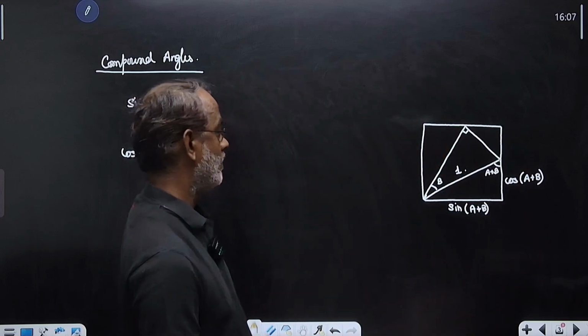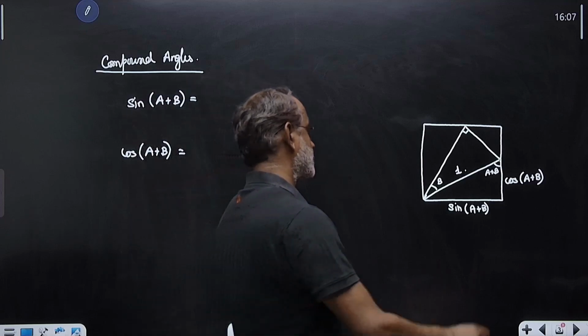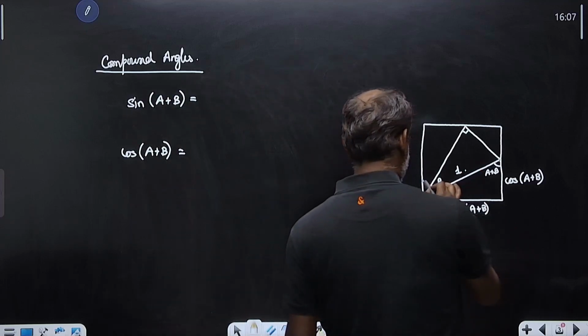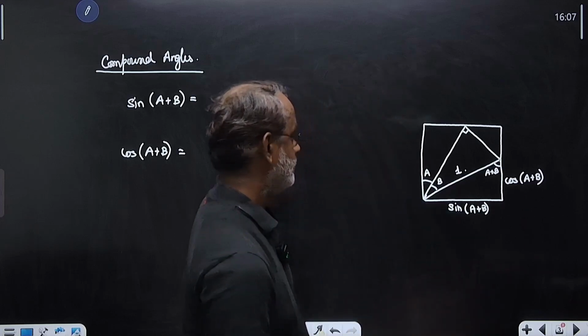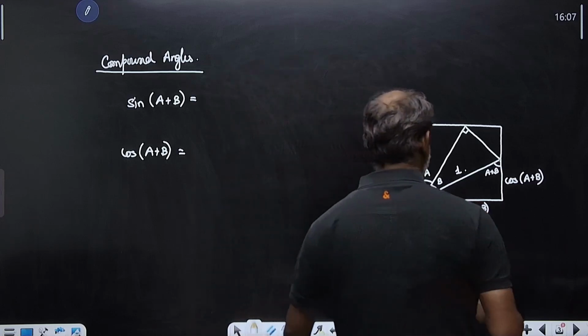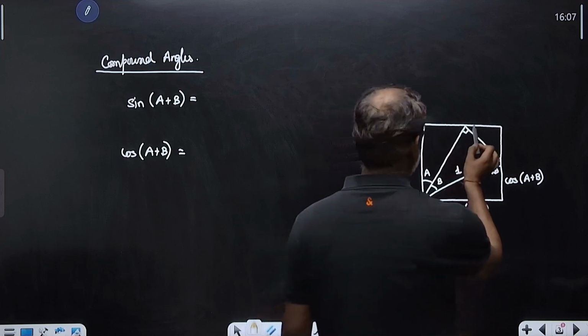If this is 1, what is this? This angle is going to be A.